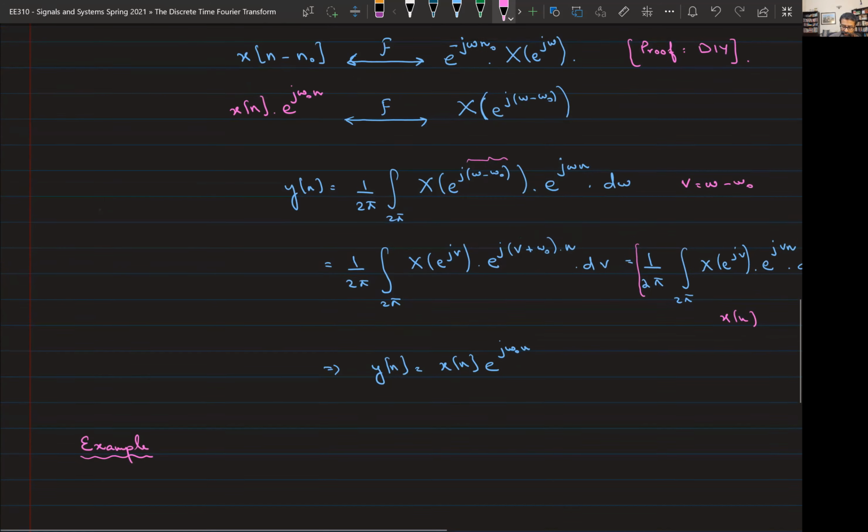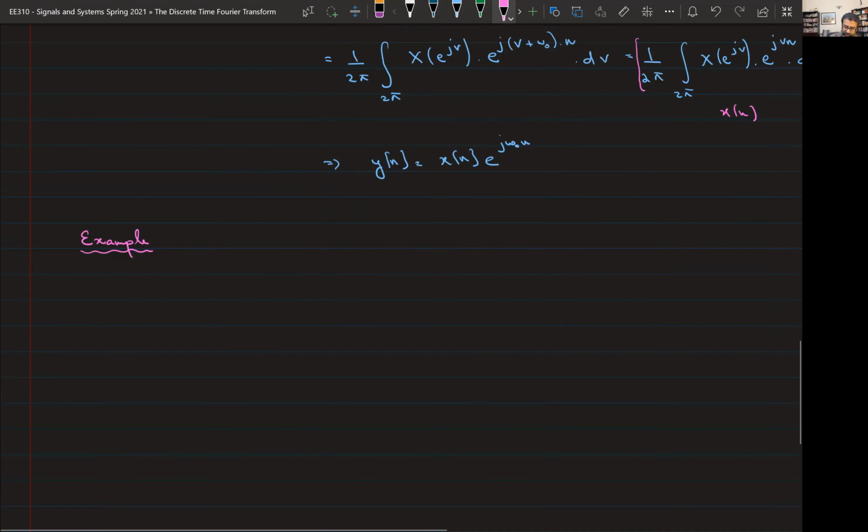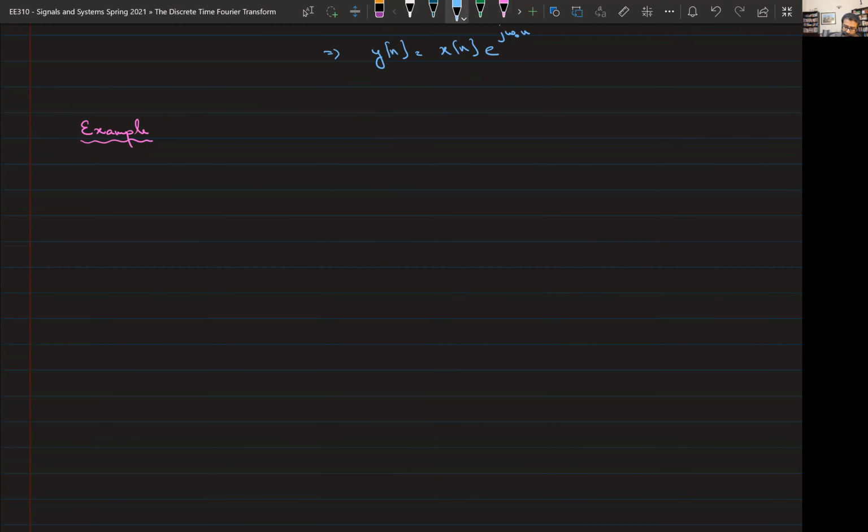All right. Now, let's do this example. Let's say there was some signal whose Fourier transform you were given. Let me call this h of e raised to j omega, and in the frequency domain it is this box, where this is omega c and this is minus omega c.